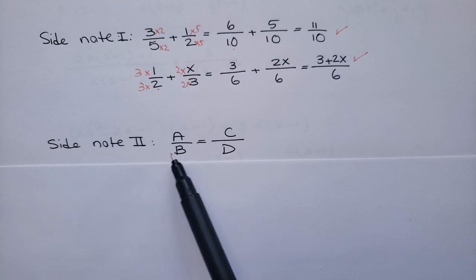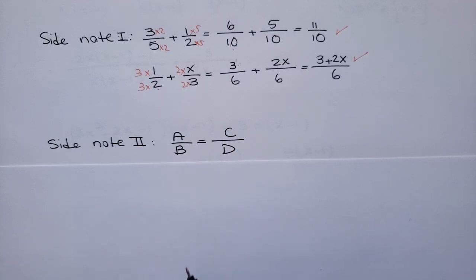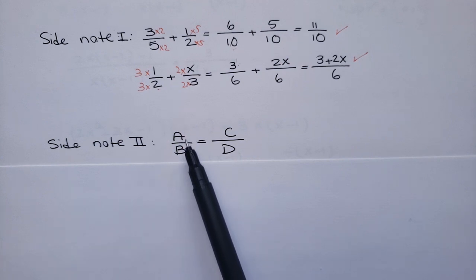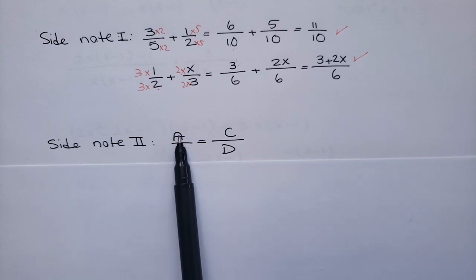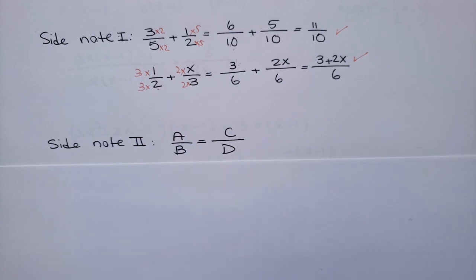Let's say you have two fractions, one fraction on this side and one fraction on the other side. The numerator and denominator could be anything: numbers, positive, negative, radicals, exponents, whatever. But the only condition is that there should be one fraction on each side of the equal sign.